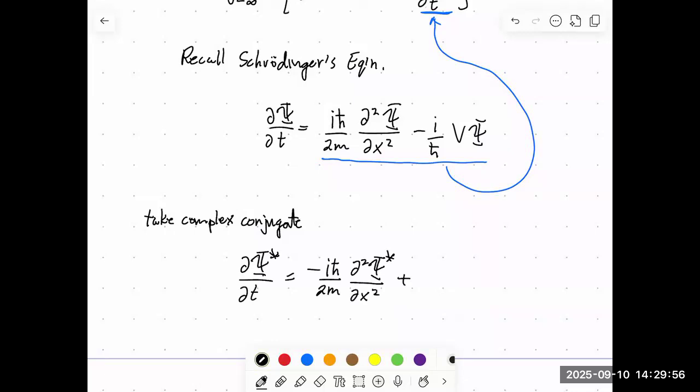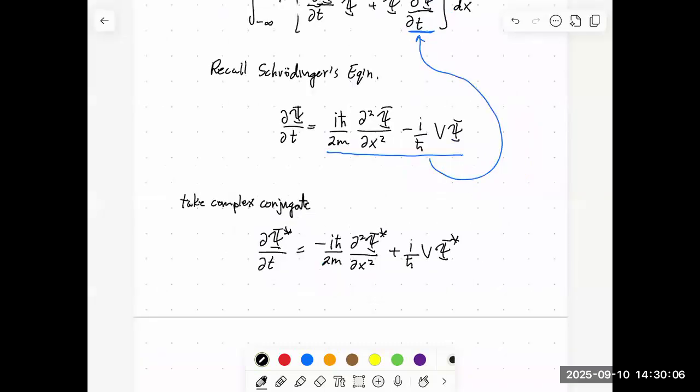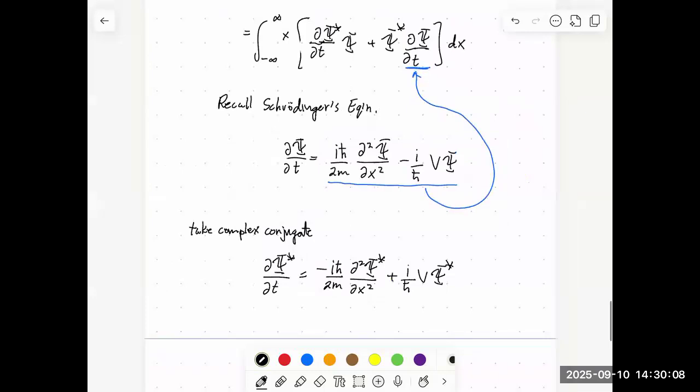And then we're going to get plus i over h bar, potential, phi star. Okay, and so what we want to do is make the same kind of substitution for the first one. Let's see what happens when we do that.